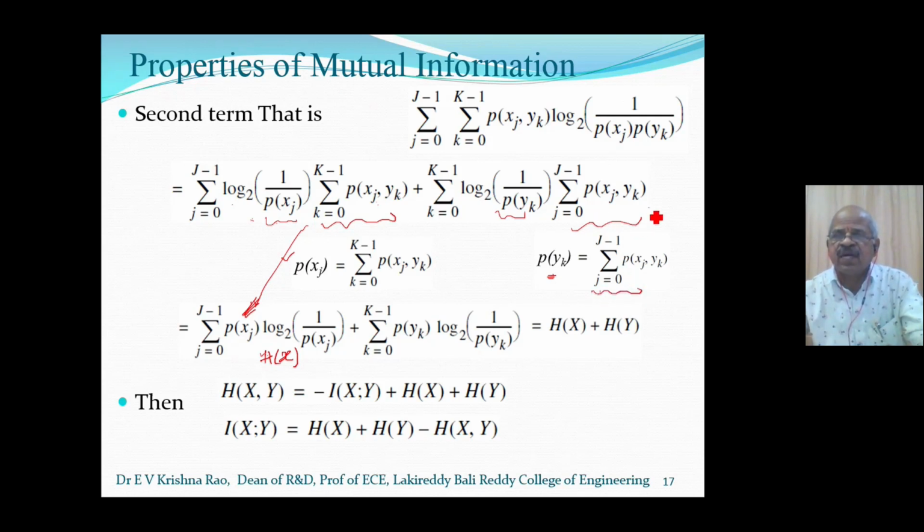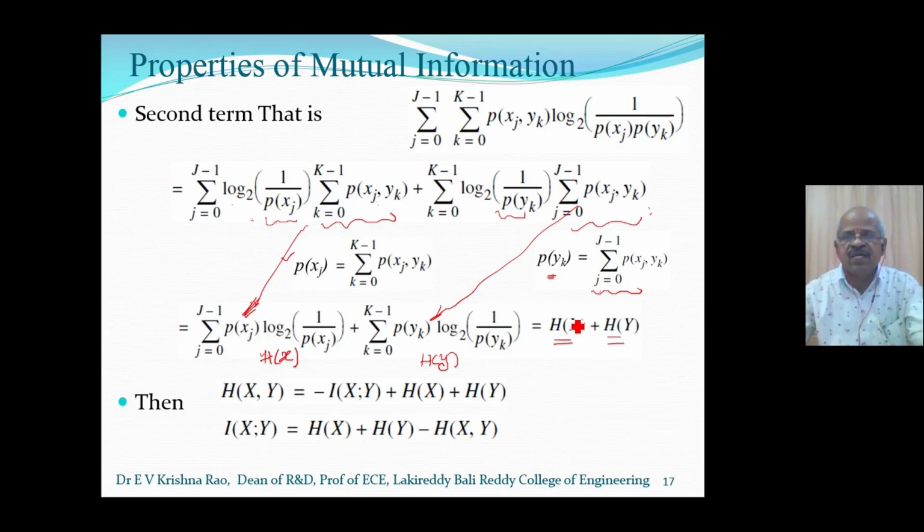So p of yk is substituted here: the summation over k equal to 0 to K minus 1 of p of yk times the logarithm base 2 of 1 by p of yk. This is nothing but the entropy of y, the output. The other is the entropy of input x, over all j, and this is over all k. So this is the sum of H of x plus H of y.